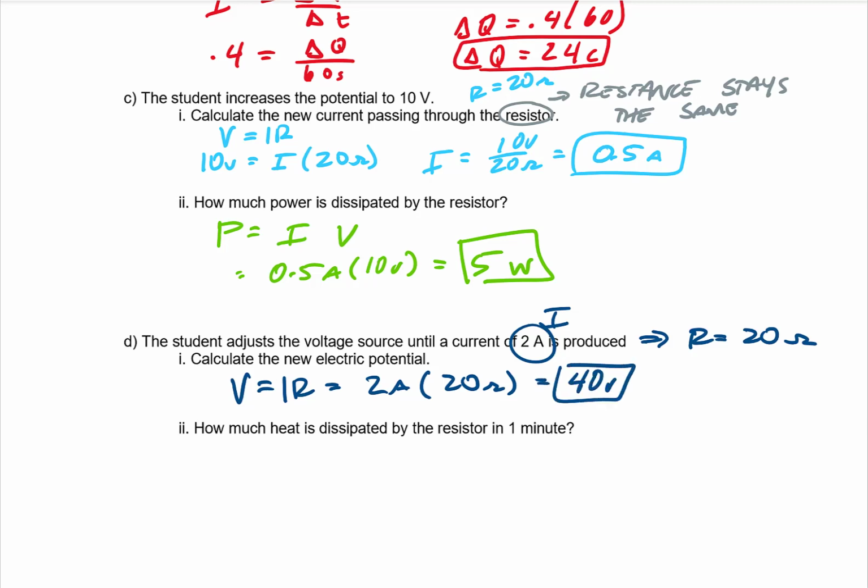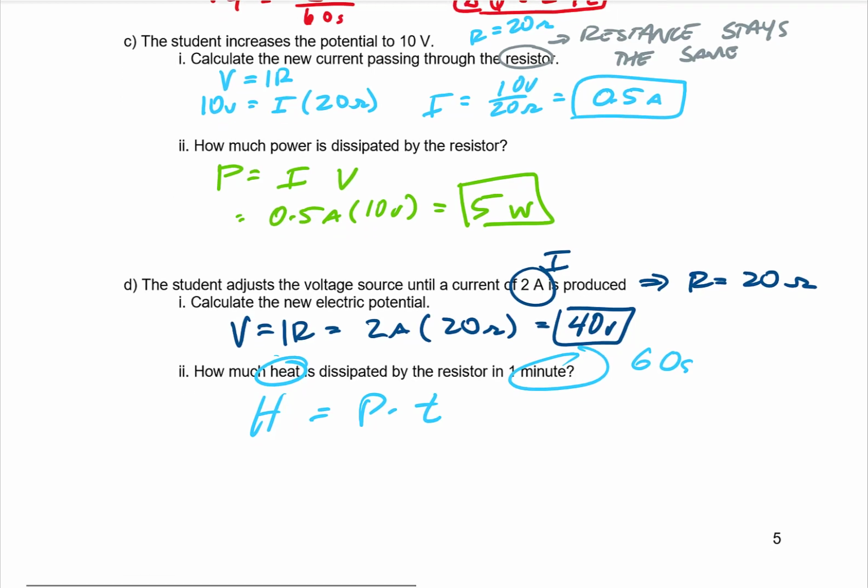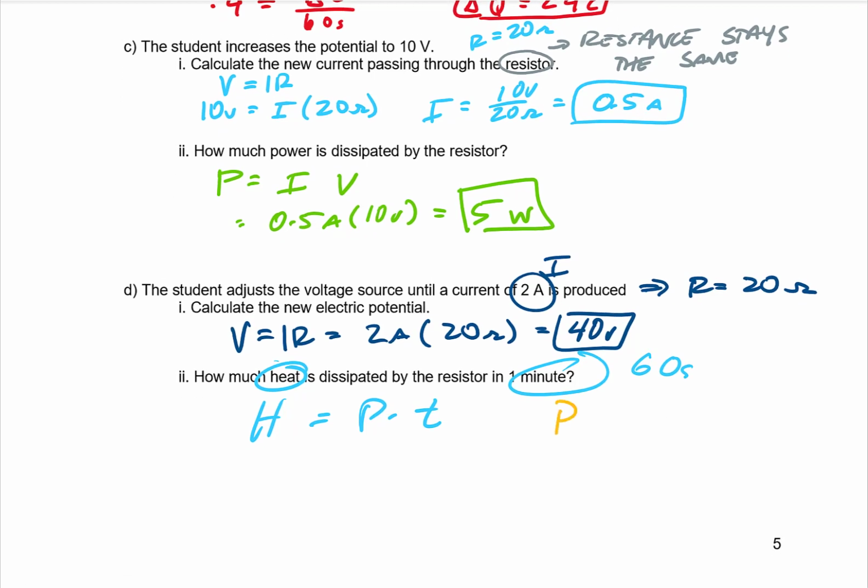And then how much heat is dissipated by the resistor in 1 minute? Okay, so to get heat, Q, I don't want to use Q again. So heat is power times time. Energy is power times time. So I have 60 seconds. But I need power. Power is current times voltage.